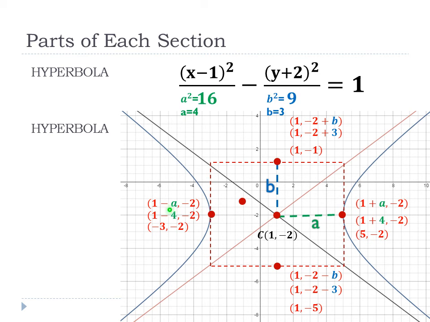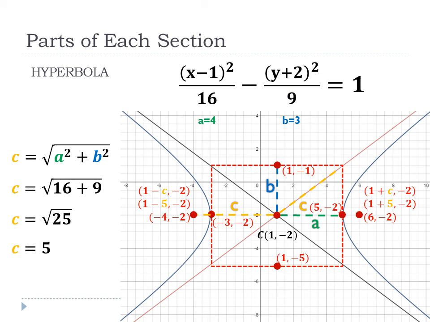On the other side, instead of 1 plus a, it's going to be 1 minus a, still at minus 2 because I'm not going up or down, so I'm still on the same y. 1 minus 4 is minus 3, comma minus 2. So those are my points for the vertices, co-vertices, and center.